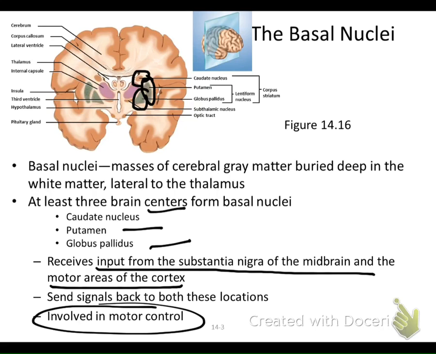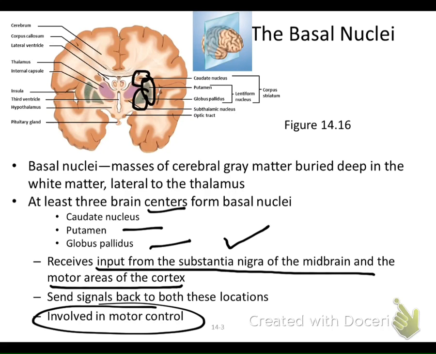Now, are they in your involuntary or voluntary portion of your brain? They're down by the thalamus. They are part of your involuntary portion. So they're helping to coordinate your overall movement. And a moment ago, I mentioned substantia nigra for what?